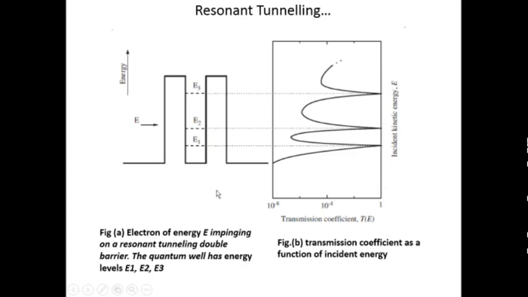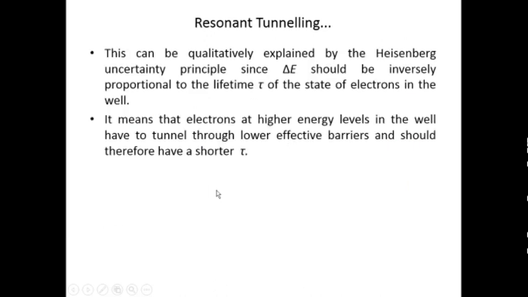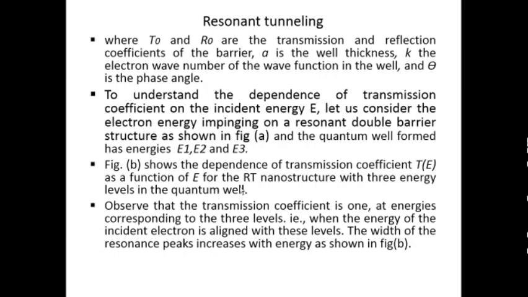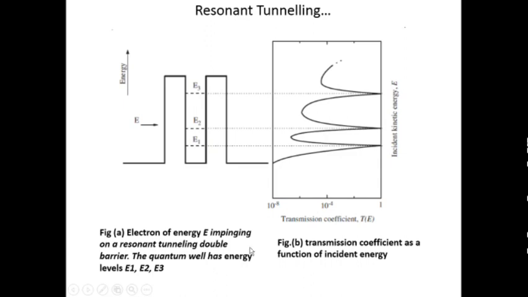Figure B shows the variation of transmission coefficient T as a function of the incident energy E for the resonant tunneling nanostructure with the three energy levels in the quantum well, that is E1, E2 and E3. Now, let us see the conditions here.